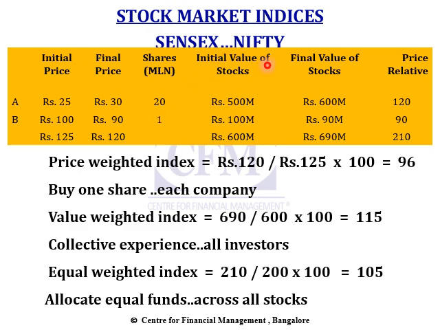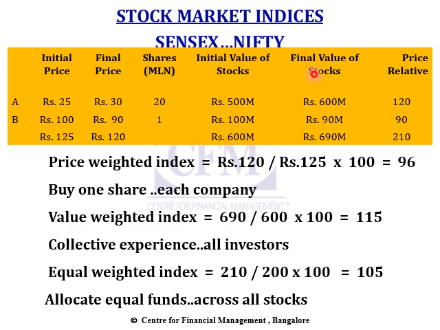The initial value of A and B is shown in this column. Initial value of A is rupees 25 multiplied by 20 million, so it is rupees 500 million. The initial value of B is rupees 100 multiplied by 1 million, so it is rupees 100 million. So the initial value of A and B put together is rupees 600 million.